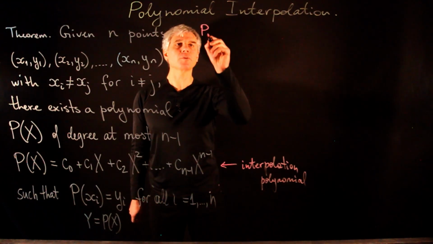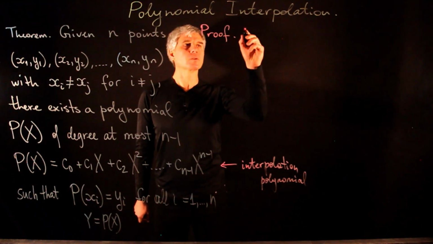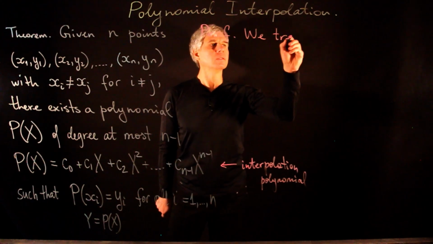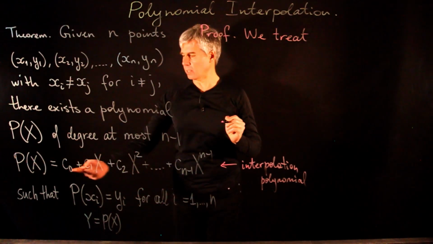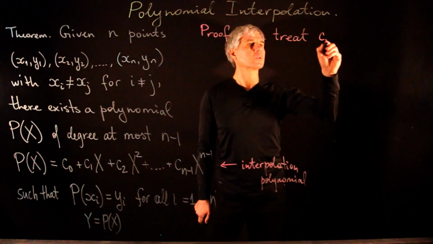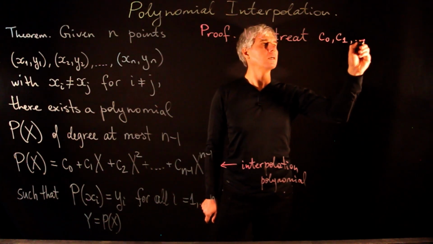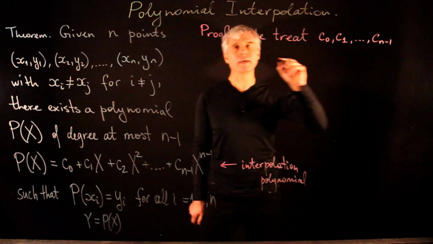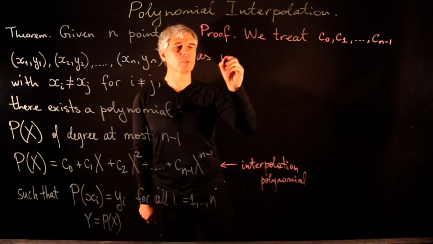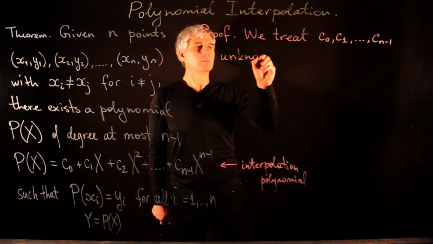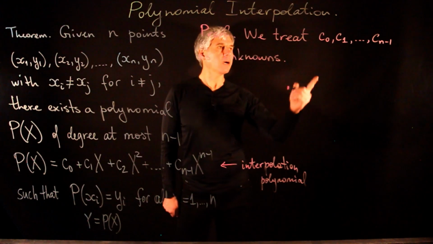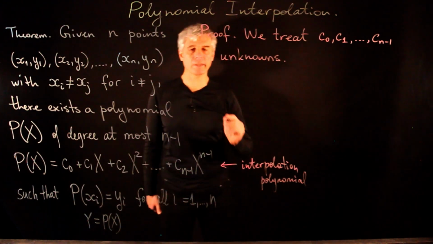Let us give a proof of this theorem. So we treat the coefficients of the interpolation polynomial, so c0, c1 up to c(n minus 1), as unknowns. How can we solve for these unknowns?